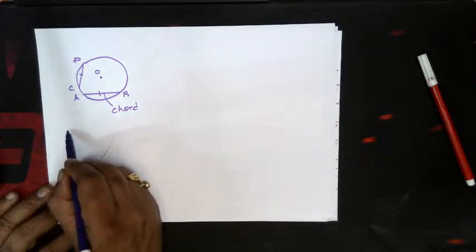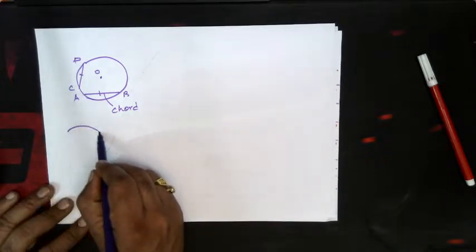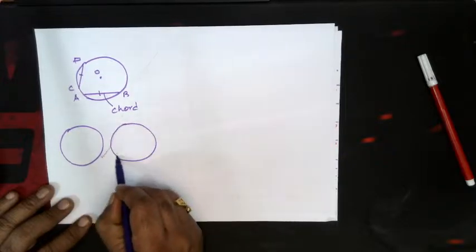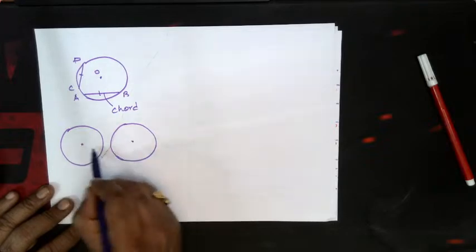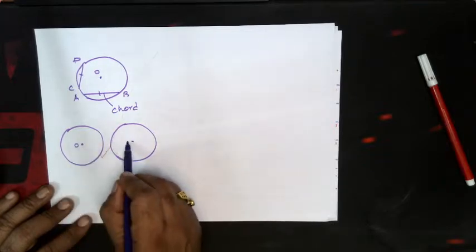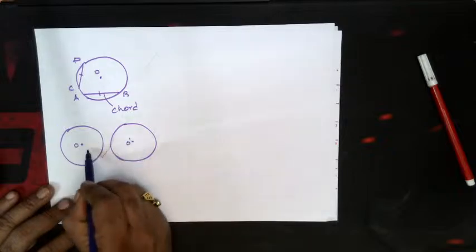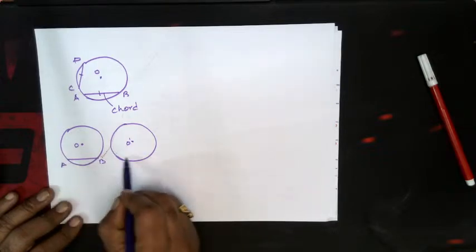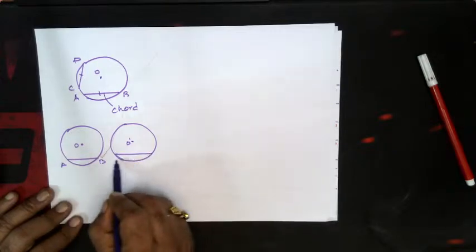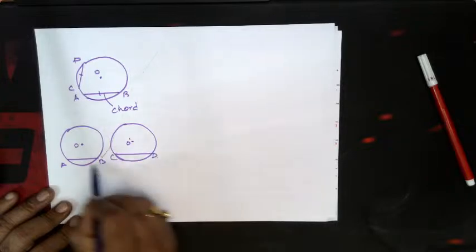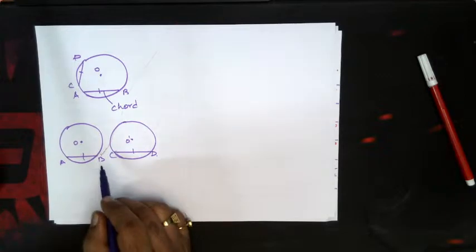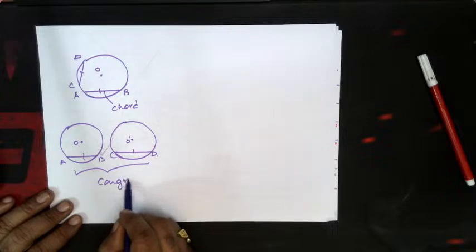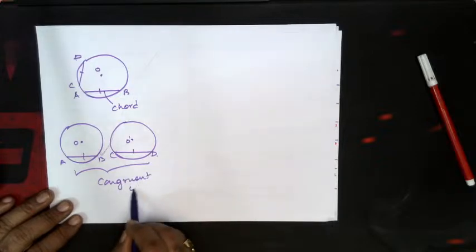And what do you mean by congruent circles? Let me draw 2 circles. The 2 circles have the same radius. O, O dash. Let me draw the same chord AB, and I have another chord CD on the other circle. So both of them are equal because these two are congruent circles.